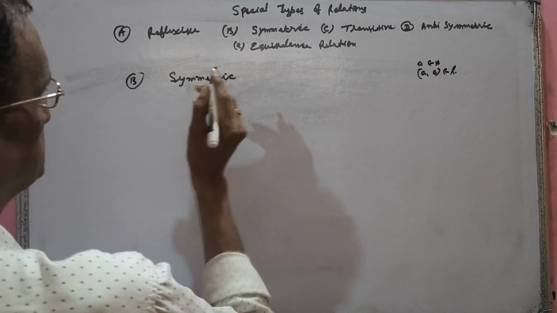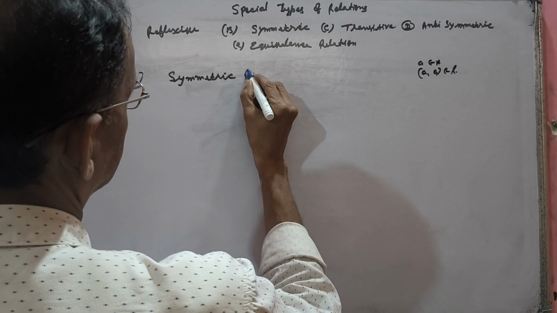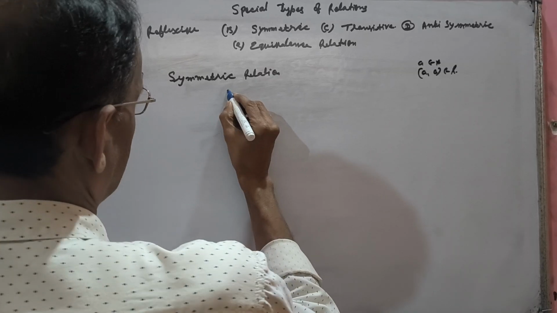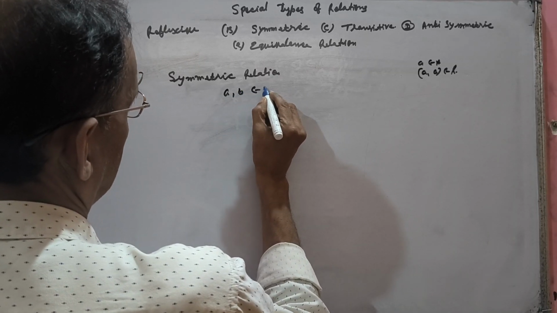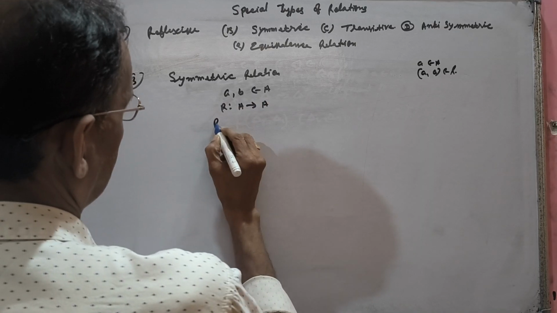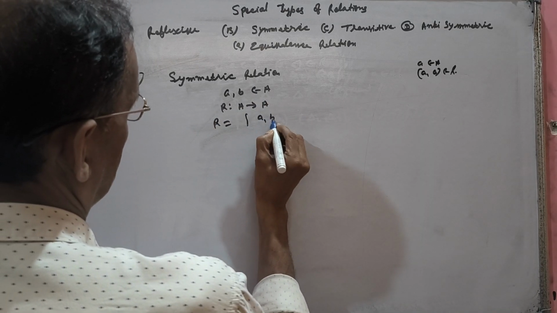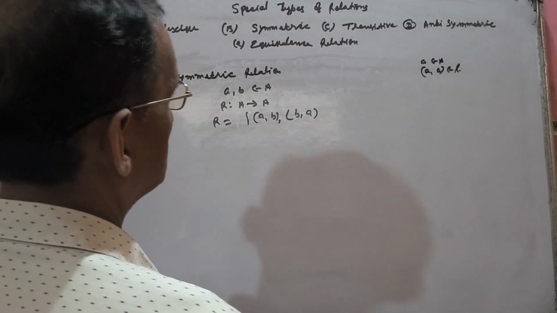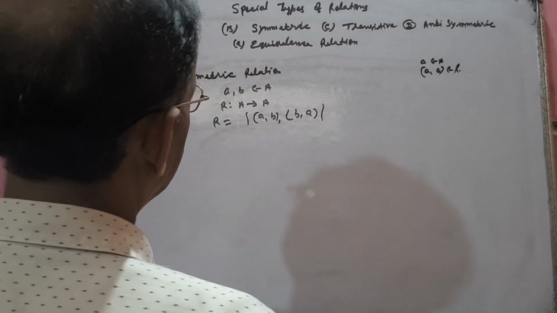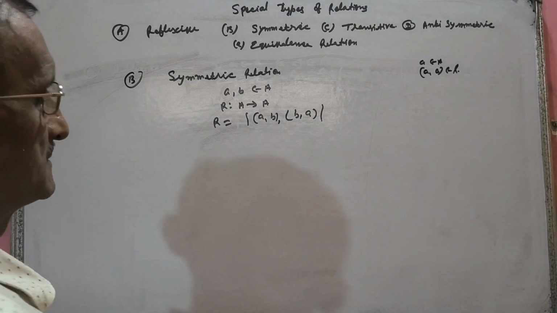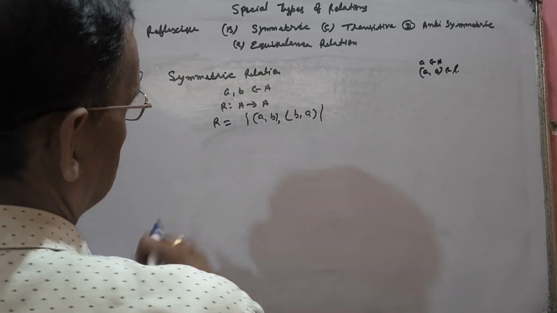Okay, now symmetric relation. See, suppose a and b are elements of set A and R is a relation from A to A. If R has (a, b), then (b, a) is also there. Then R is called symmetric. If (a, b) belongs to R, then (b, a) must belong.